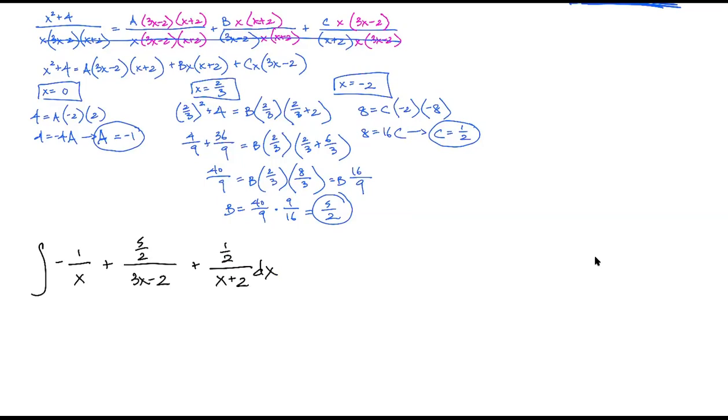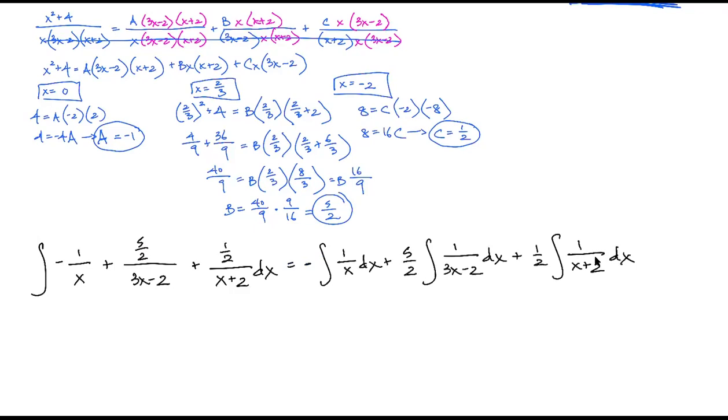Now, I think it was Mariah, you asked a really great question earlier about whether we need more than one dx, and I think this is a great place to split it into 3 different fractions. You can write it split out, or you can just imagine in your head that you're splitting it into 3 different integrals. So I'd have negative the integral of 1/x dx plus 5/2 the integral of 1/(3x minus 2) dx plus 1/2 the integral of 1/(x plus 2) dx.